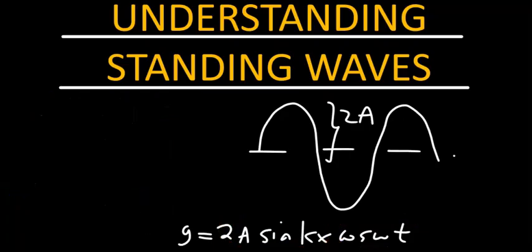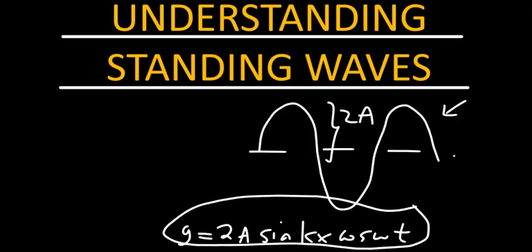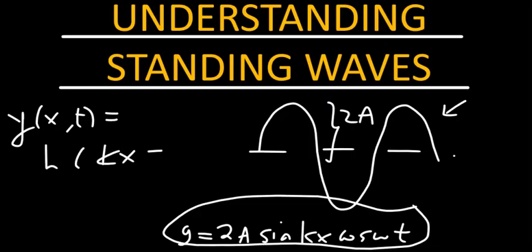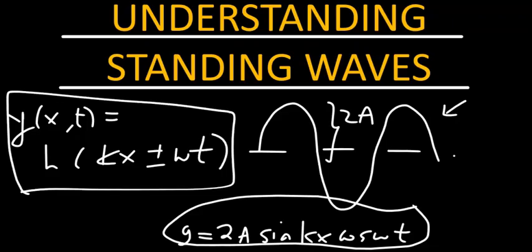This wave described by this equation is a standing wave because it is not described by an equation of the following form. Such a description is unique to traveling waves.